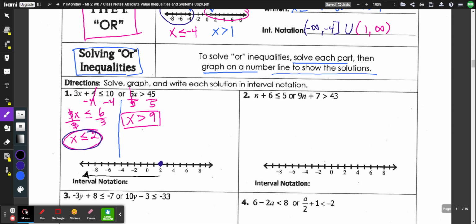And on the other side, x is greater than 9. So I'm going to say x is greater than 9 with an open circle, and it's going this way. Okay? So as you can see, they're kind of going in opposite directions, right?